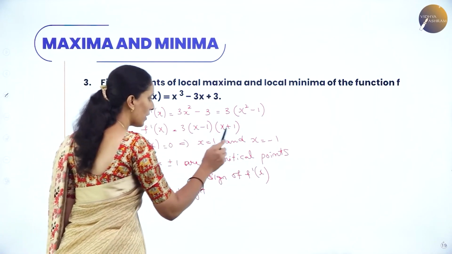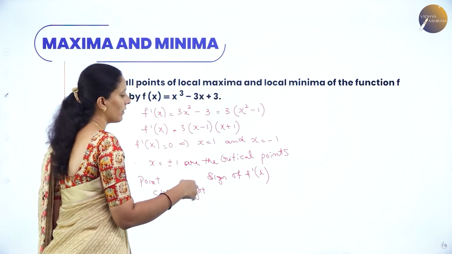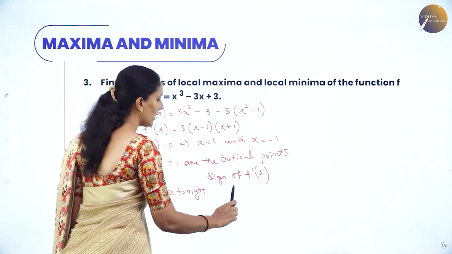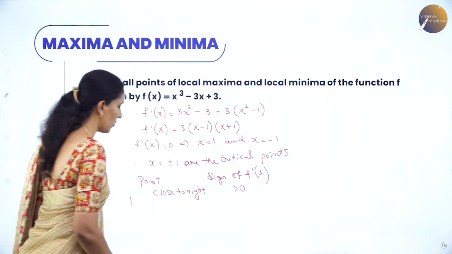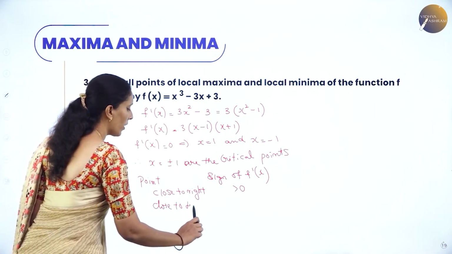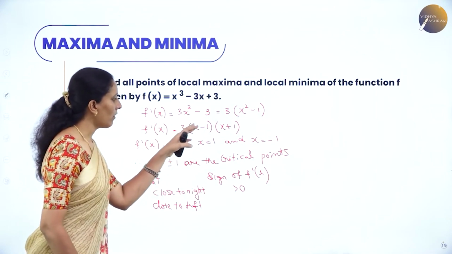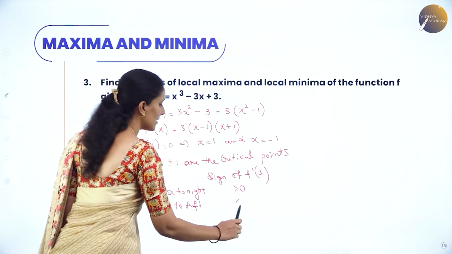If you take a point close to 1 that is greater than 1, then clearly f dash of x is greater than 0. If you take a point close to the left, like 0.9999, the value will obviously be less than 0.